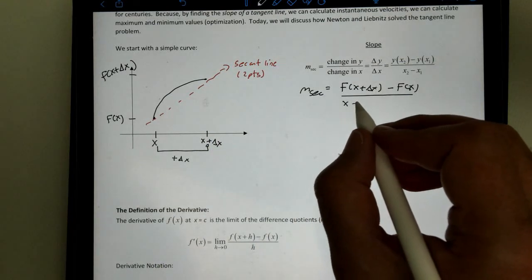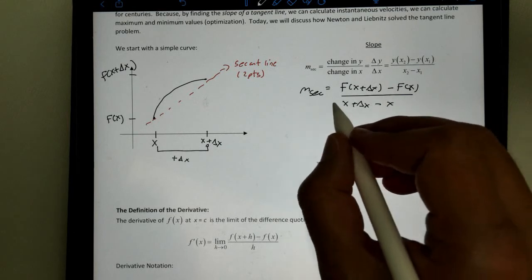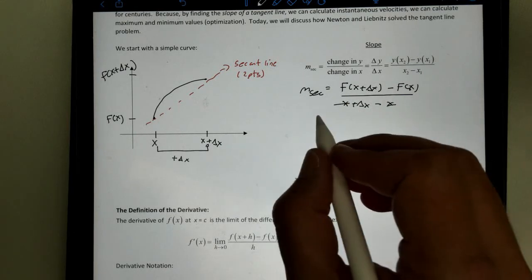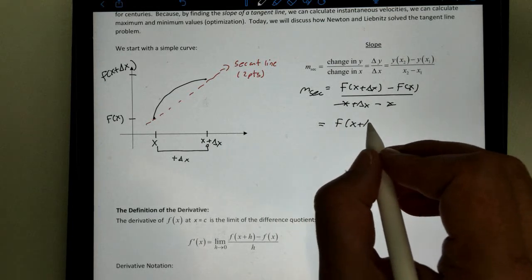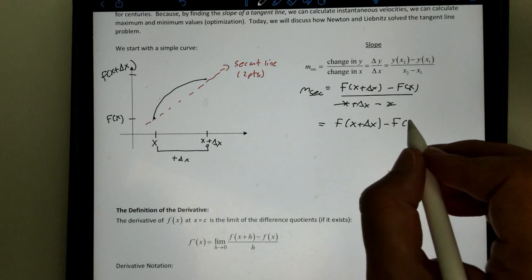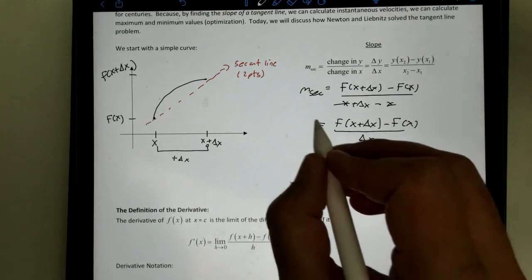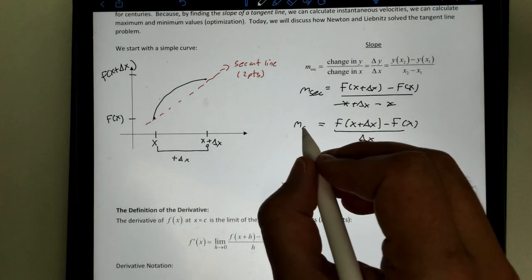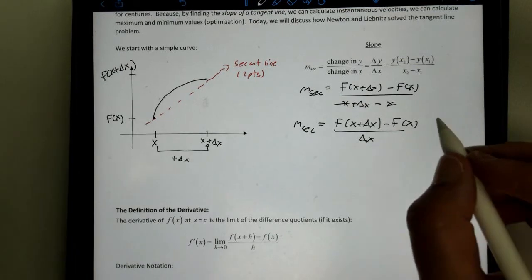This is going to be x plus delta x minus x. And what happens is those x values cancel, and we're left with the following: f of x plus delta x minus f of x over delta x. Now remember, delta x is nothing more than my change in my x values.